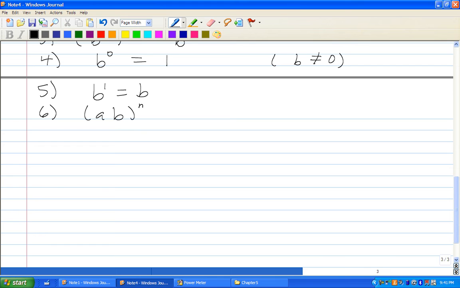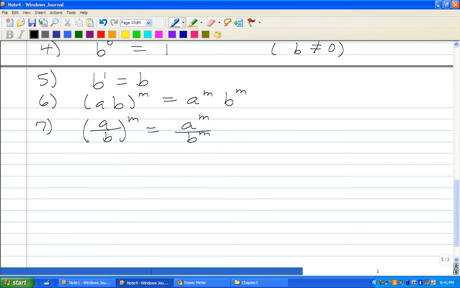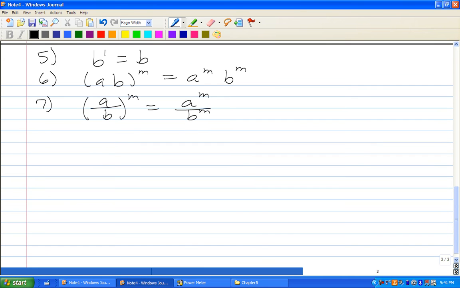Next, ab to the m is equal to a to the m, b to the m. Next, a divided by b to the m is a to the m over b to the m. Again, I'm assuming I'm not dividing by 0, so again, assume that these exist.